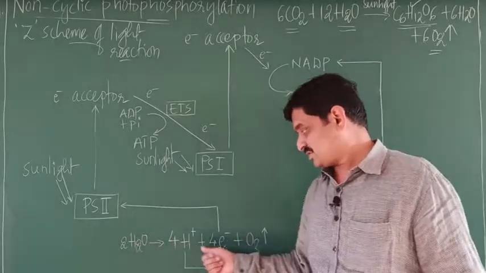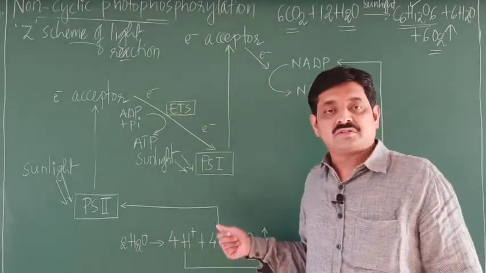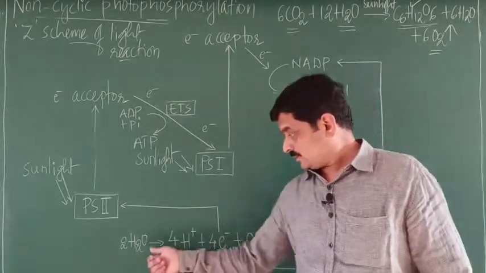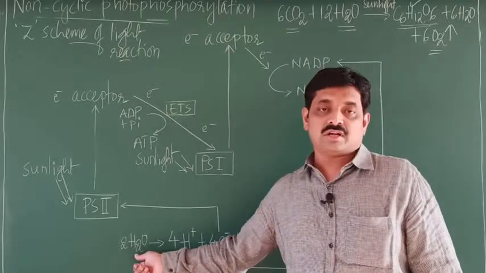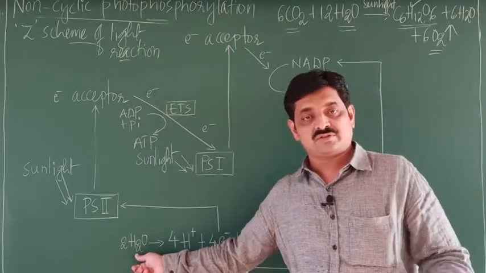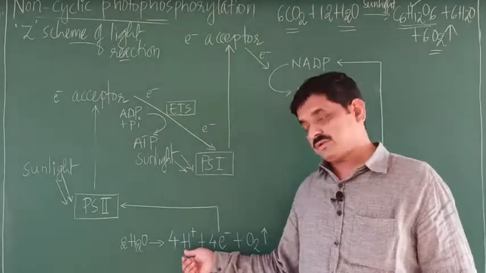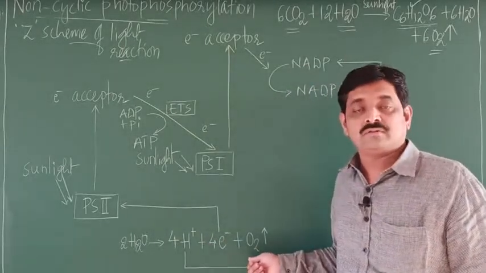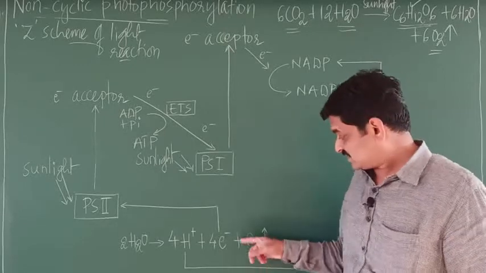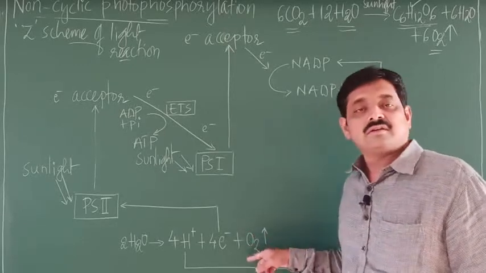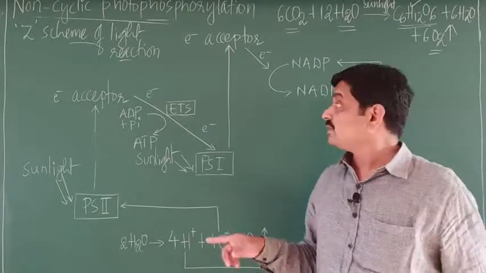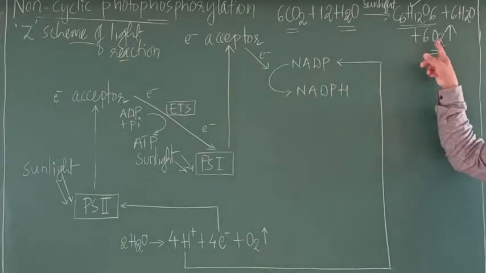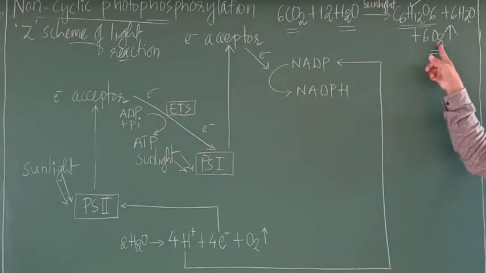Water molecules are photooxidized in the presence of sunlight to produce protons, electrons and a molecule of oxygen.